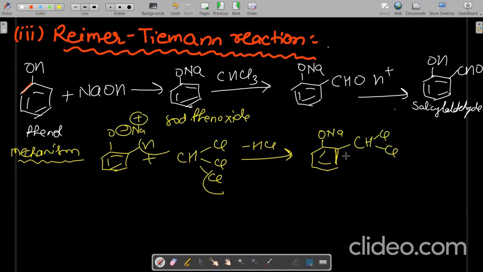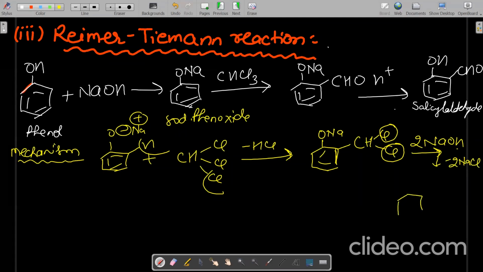Okay, we can write CHCl2, which again reacts with sodium hydroxide. Now, how many Cl are there? There are 2 Cl, so 2 moles of NaOH are required. This is 1 Cl, this is the second Cl. It reacts with Na to form 2 NaCl. So there is a loss of 2 moles of NaCl.